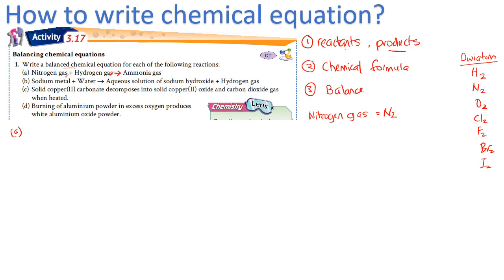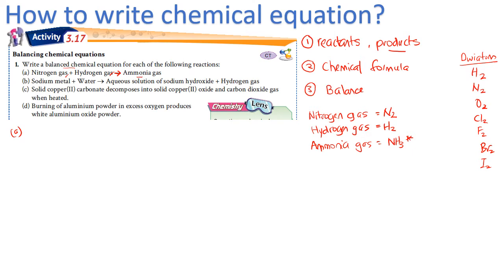Now hydrogen gas. The formula is H2. You must identify the formula first. Third, ammonia gas is a product. The formula of ammonia gas is NH3. This one you need to memorize, okay? NH3.